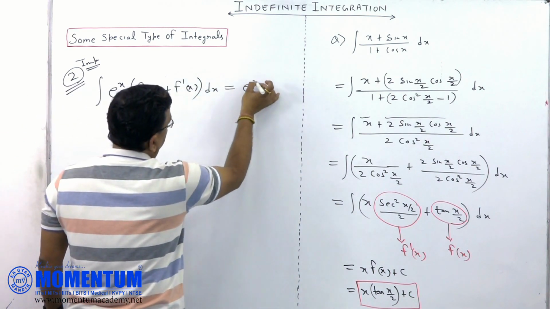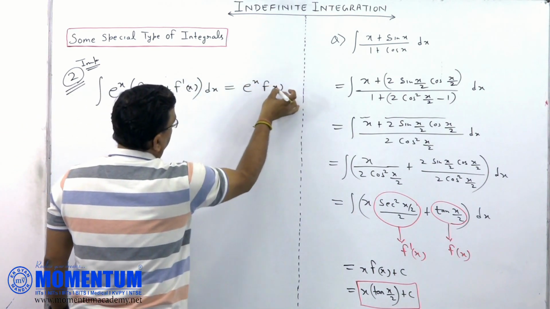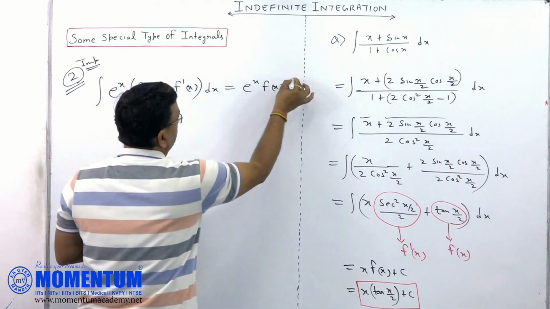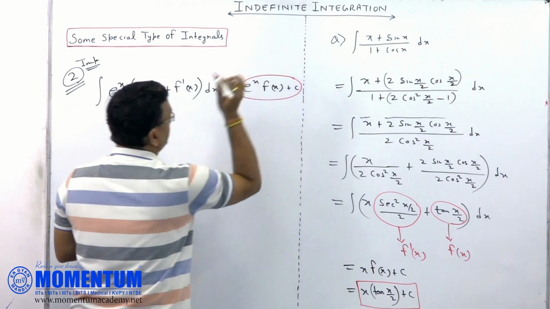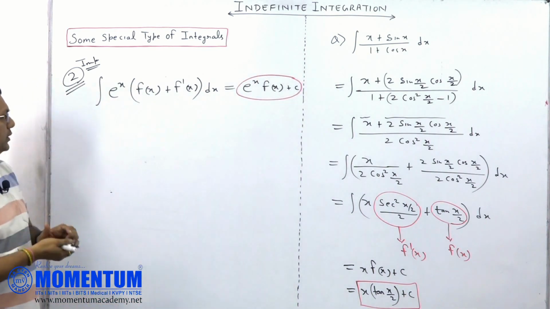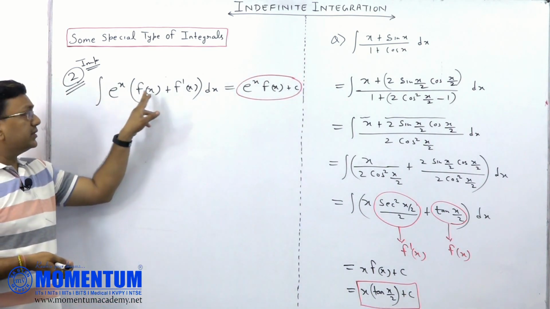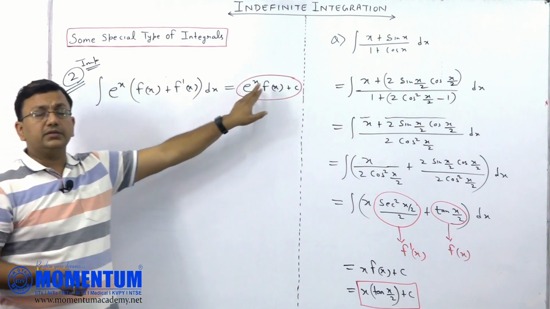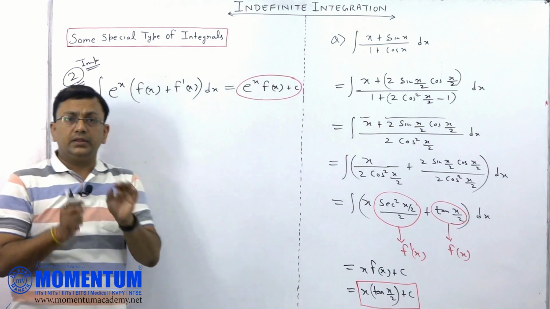Result is e to the power x into f of x plus c. Integration of e to the power x times function plus derivative. Answer, e to the power x into f of x.